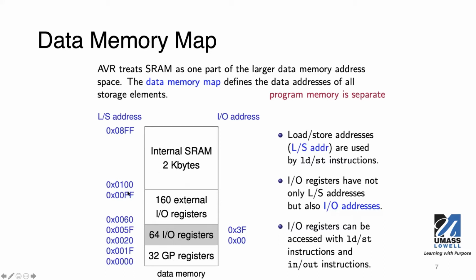So what you see on the left side is the so-called load store address. Load store addresses are from 0 all the way to 8FF. If you use load or store instructions, these instructions will assume that you are talking about these addresses.